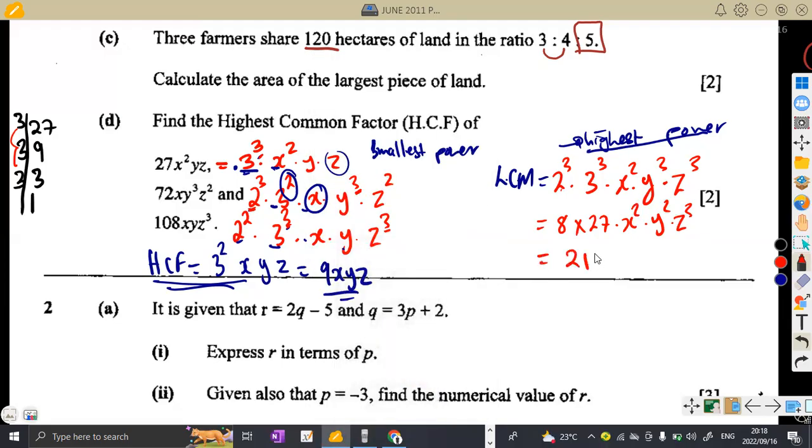So this will be 216 x squared y to the power of 3 z to the power of 3. Sorry, it's the marker which is showing this y to the power of 3 there. So that will be your LCM. LCM is the one that will be having the highest power. So I think it's clear from this part.